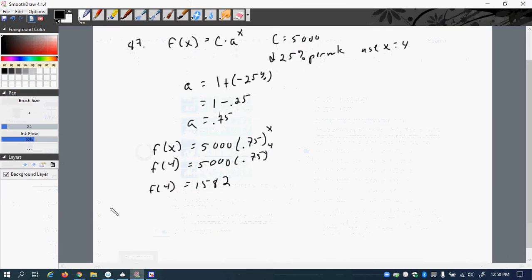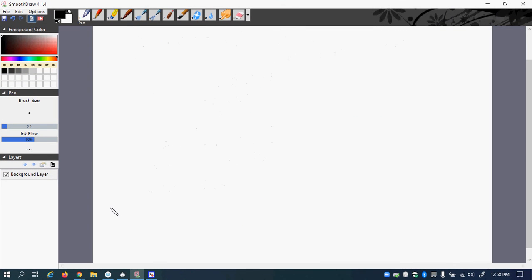So let's go to the screen, and for 67, we know that P is going to be 1,500. We know that R is going to be 9%, so we'll change that to 0.09. And then the time frame is 10 years.